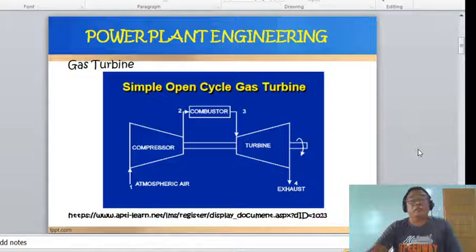Because the installation of the transmission line of the NGCP is quite difficult, because of the island.